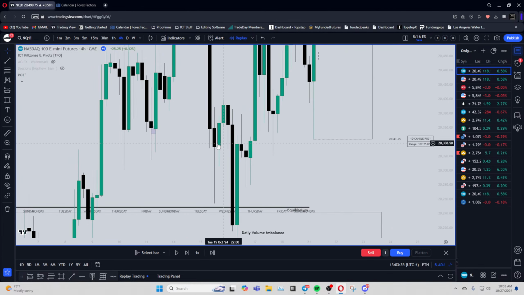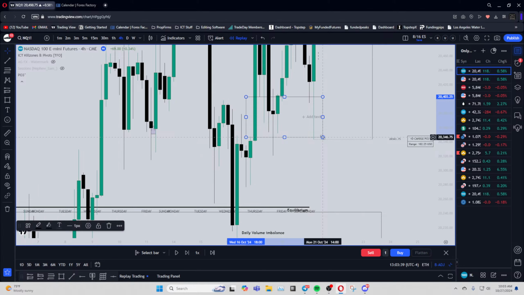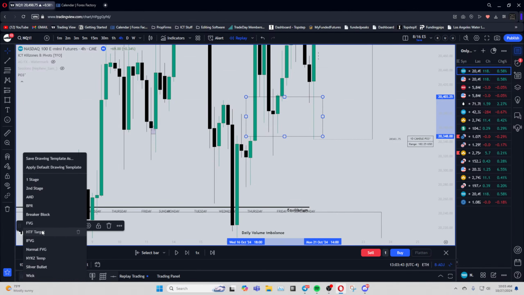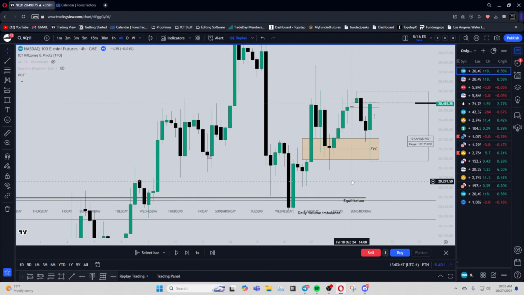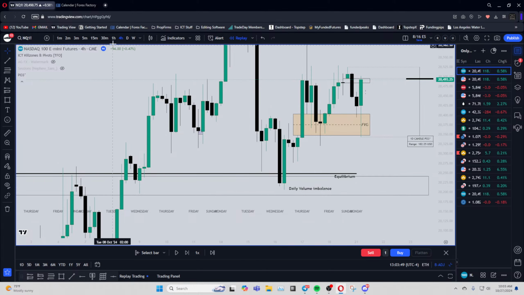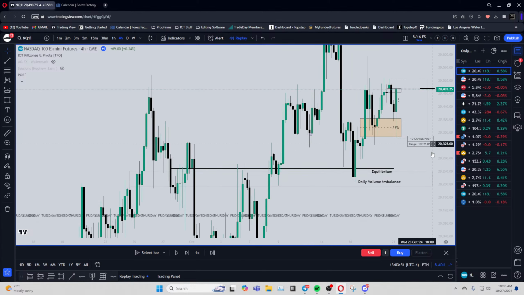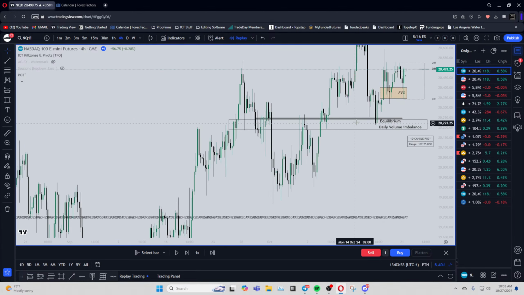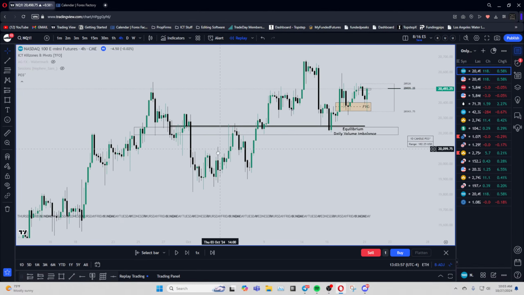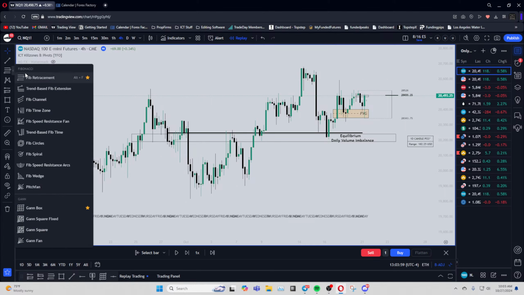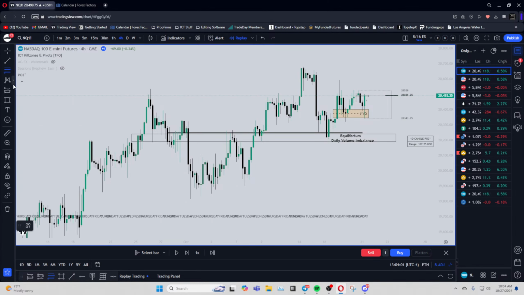Okay, so the first initial thing we're going to see is this fair value gap. And previously to this, we actually saw this entire range being respected by the equilibrium, which is why I've kept this here. This is what I've been focusing on because that's our delivery. Let me measure this out so you can see what I'm talking about.